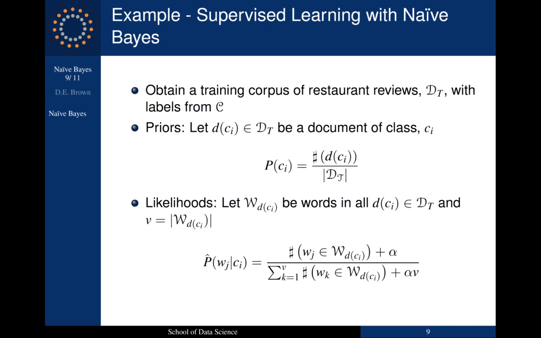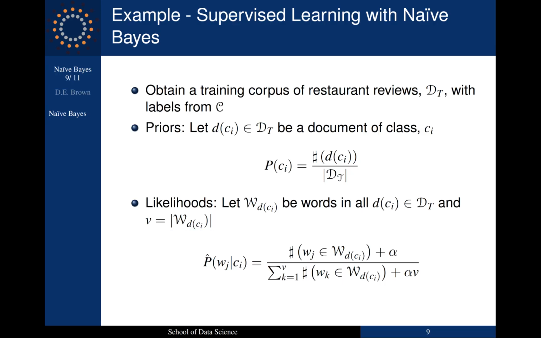All right, so let's look again at this likelihood idea. We'll let the script W sub DC be all the words in the particular document that we have. So this is a review that we've gotten, out of all the reviews that we've obtained, and these are all the words in that review. And we'll let V be the total number of words in that review.